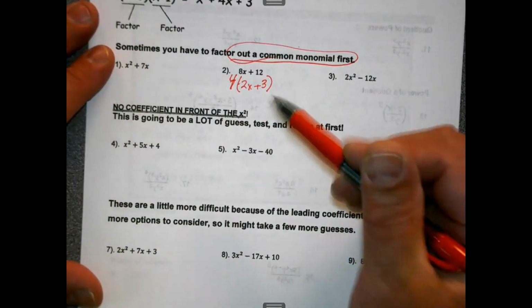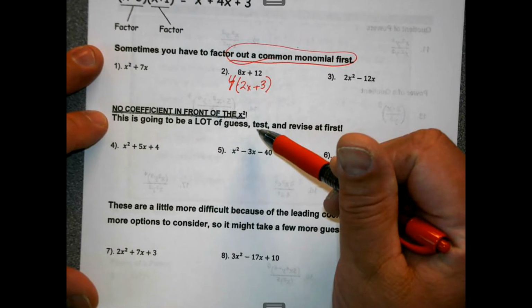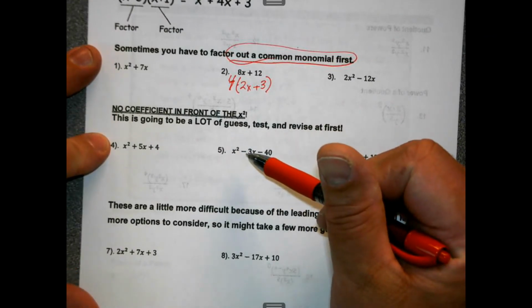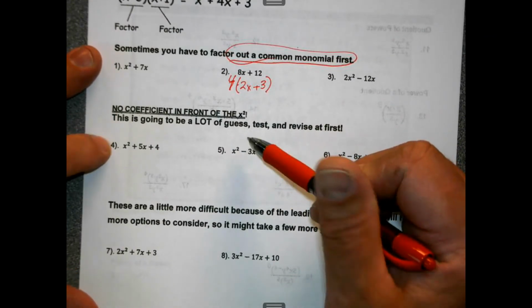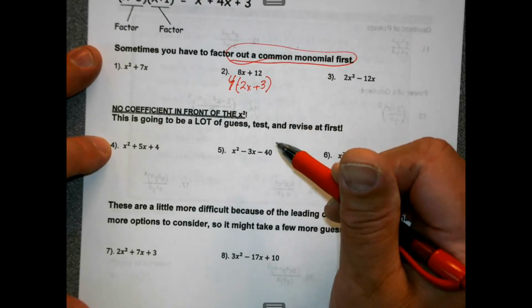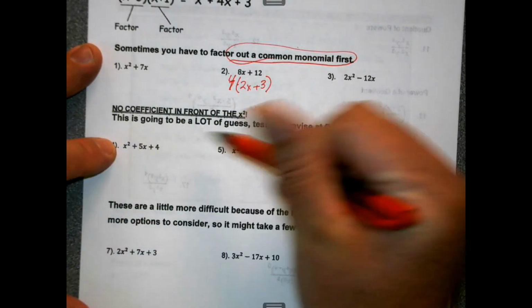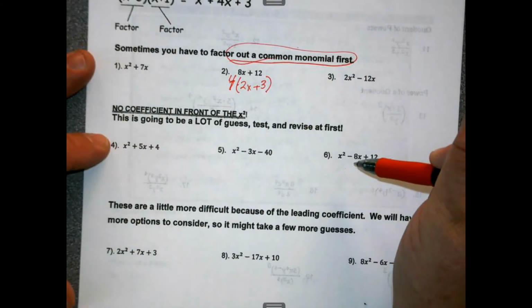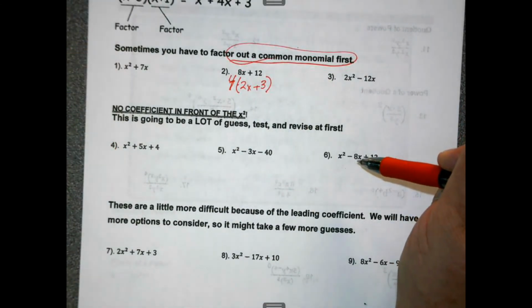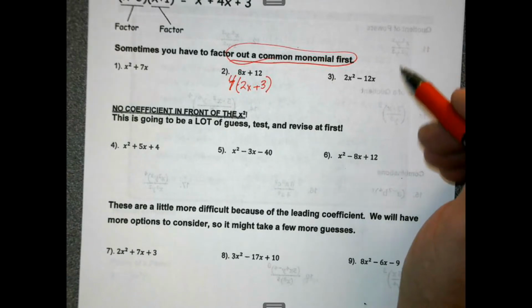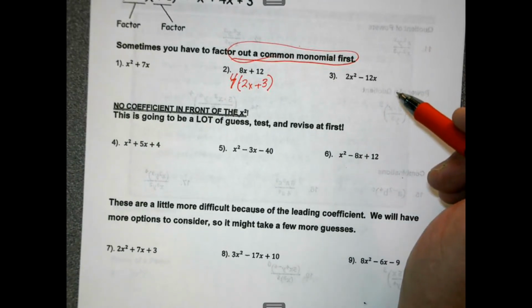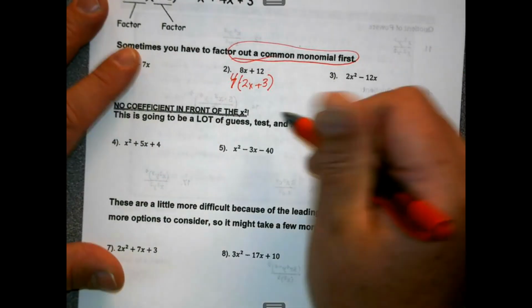Then we looked at the next step, trinomials that had coefficients of 1 for the x squared. In other words, you don't really see those coefficients of 1 because we normally don't put them in there. So we say no coefficient of the x squared, but there really is a 1 there.